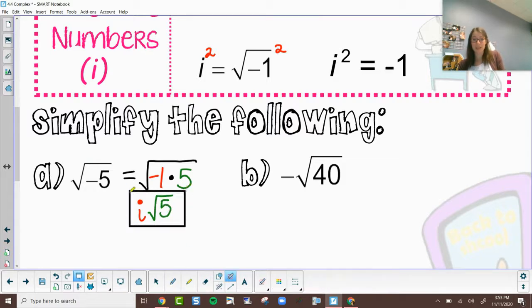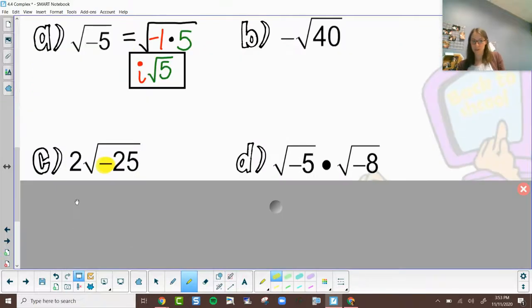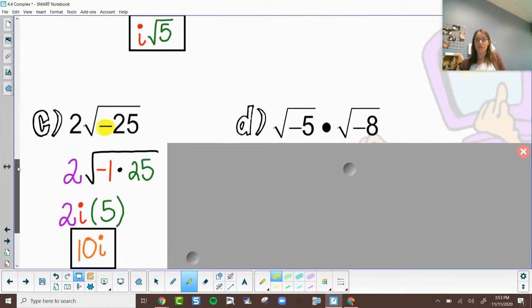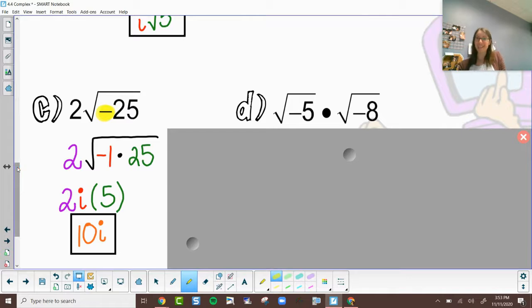That's it. We're done. Well, the good news is I'm going to leave the 2 on the outside, and then I have square root of -25. Well, that's the same thing as -1 times 25. And I know the square root of 25 is 5. So the final simplification is 10i. 2 times 5 is 10, and then the i just kind of gets attached. Final answer, that's how we're going to simplify.